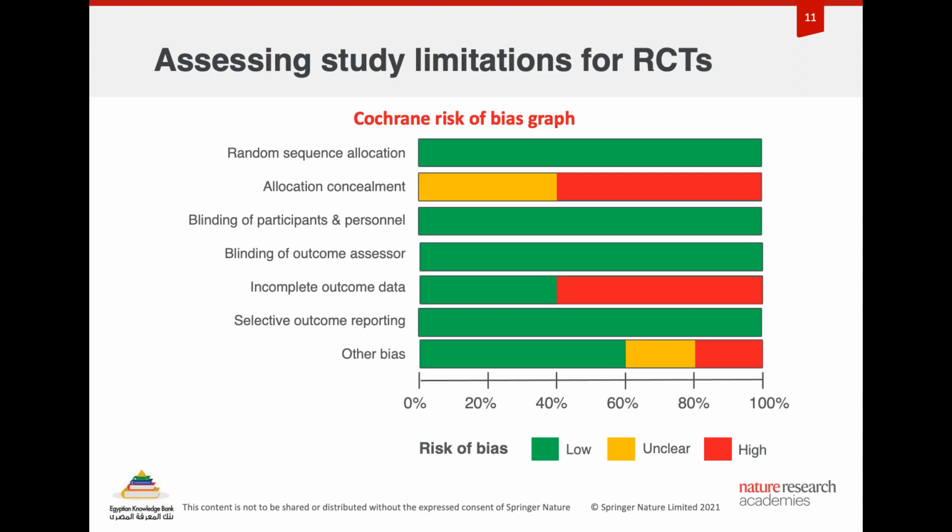So we can look at this meta-analysis, for example. We can say that in the studies that were evaluated, there's very low risk of bias in terms of sequence allocation, blinding of participants or personnel, blinding of the outcome assessor, as well as outcome reporting. But there was a very high risk of bias in terms of allocation concealment, and a potentially high risk of bias for incomplete outcome data, so attrition bias.